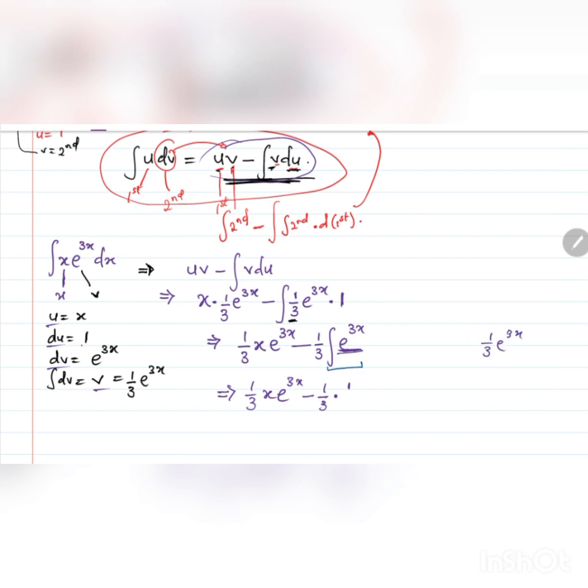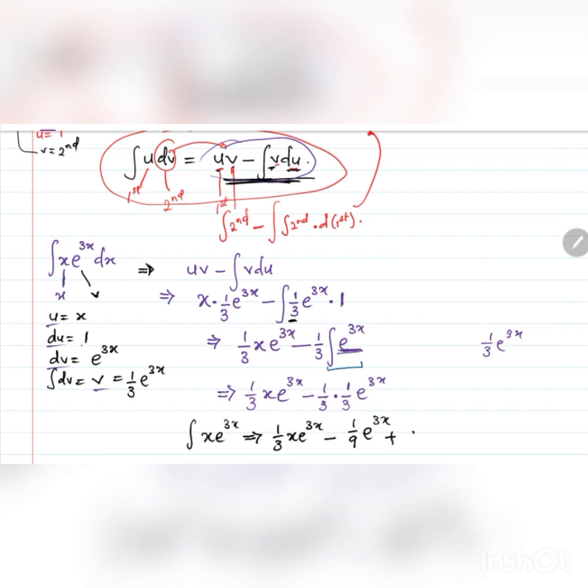Therefore, my final answer to the integral of x exponential 3x is equal to 1 over 3 x exponential 3x minus 1 over 9 exponential 3x.